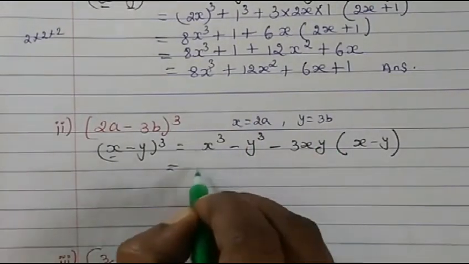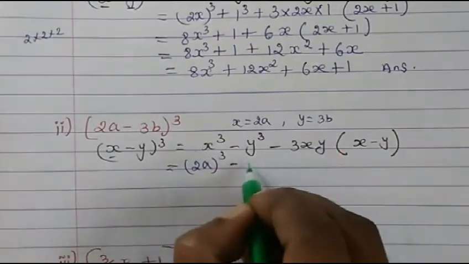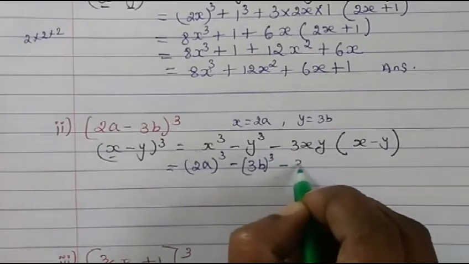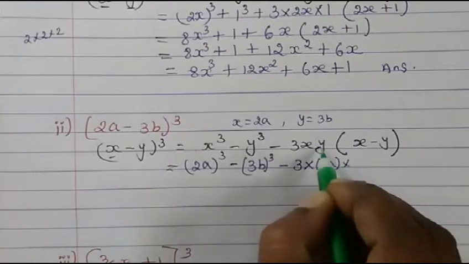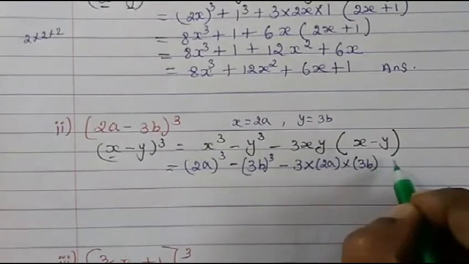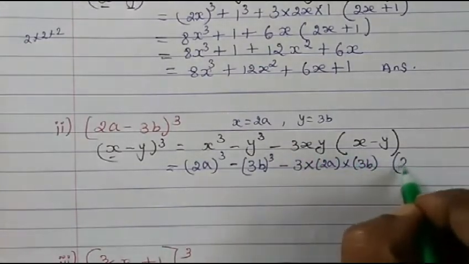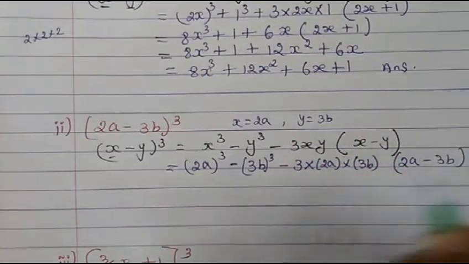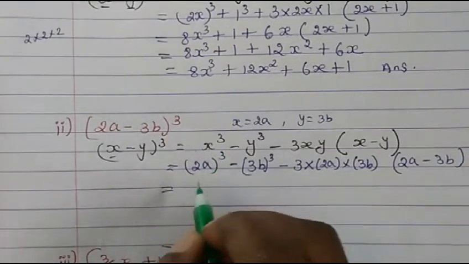So let's write down. So 2a whole cube minus y is what? 3b whole cube minus 3, place of x 2a, place of y 3b. Then in bracket, place of x we have to write 2a minus, in the place of y 3b. So now 2 three times will give us 8.